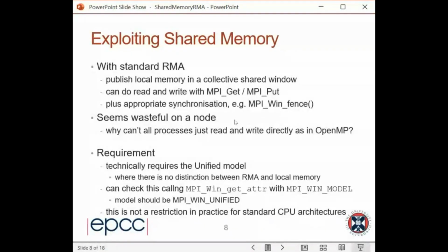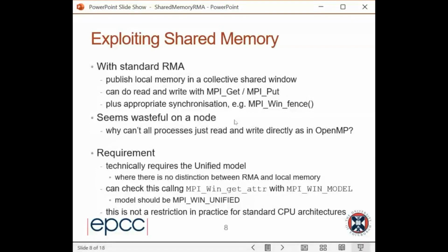You say, I would like to read a certain piece of memory from that process, please, which is an MPI get. Or you say, I would like to write some data into the memory of that process. That's an MPI put. The reason that's not particularly efficient potentially is you're having to do a function call, an MPI get and MPI put, for each data transfer, as opposed to reading and writing directly.